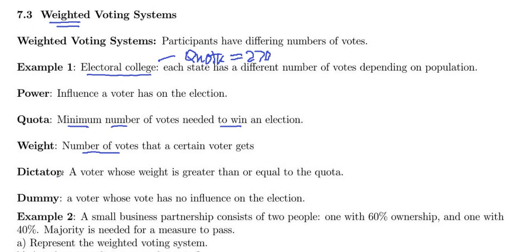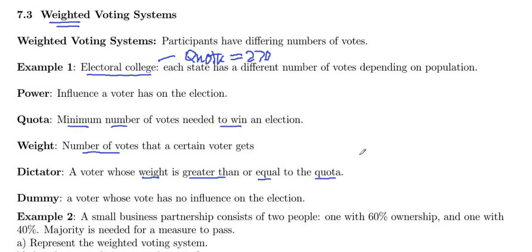Now a dictator is a voter whose weight is greater than or equal to the quota. So if there was one state in the U.S. that had a large enough population that it had 270 votes, then whoever won that state would win the entire national election. Now there is no state like that, which is good.